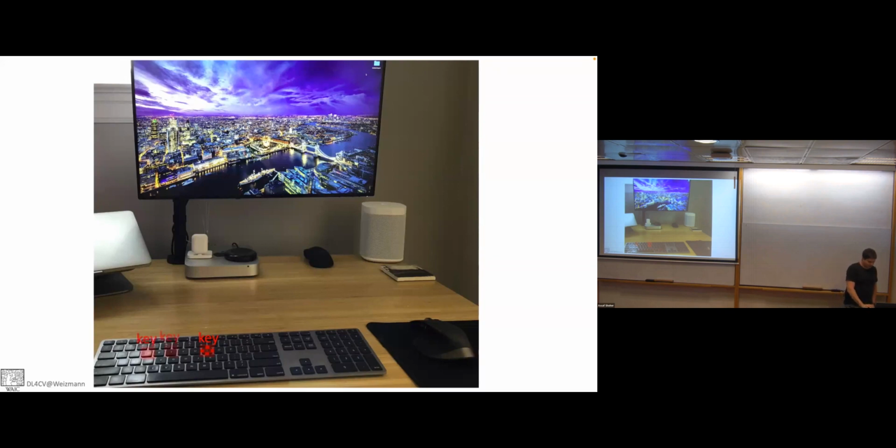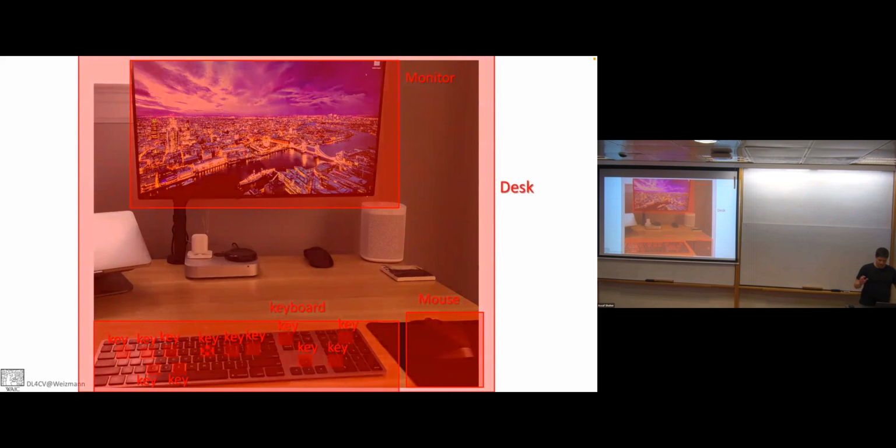Then in the same way, you can recognize more of these keys, and after you do that, you can come up with the conclusion that this is a keyboard. And the same way, you can probably know that this is a monitor and this is a mouse. And then you take all of this together, you concatenate this knowledge together, and you know that this is a desk.